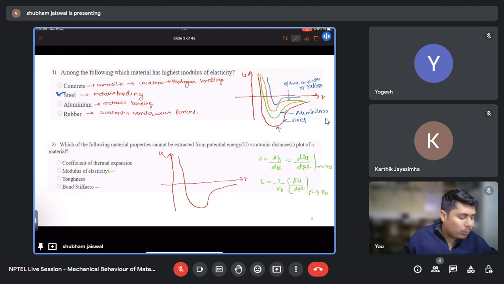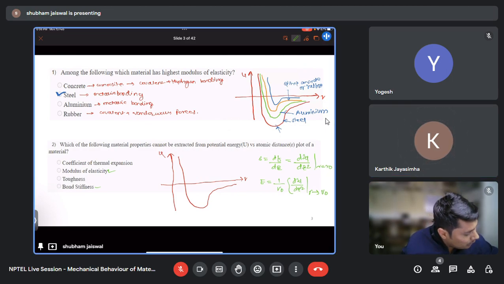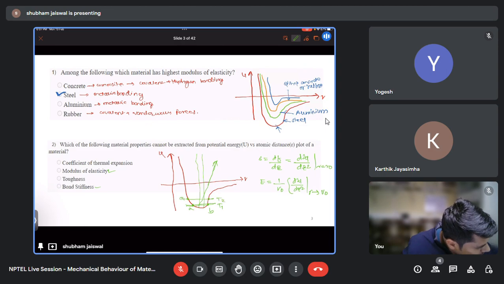What about the coefficient of thermal expansion? Can we calculate it? The steeper the curve, the higher the coefficient. Yeah. As we heat the material, it will expand, so its bond length will increase and this curve will shift towards the right.